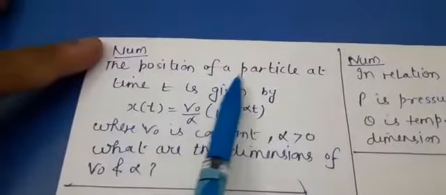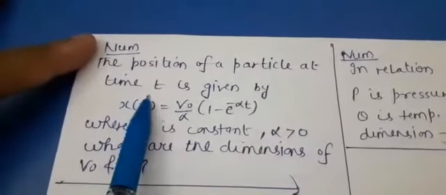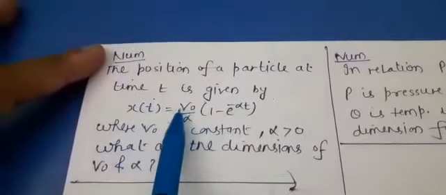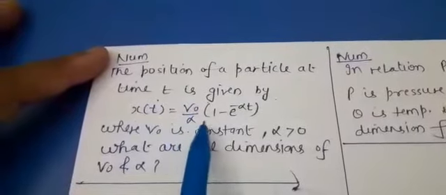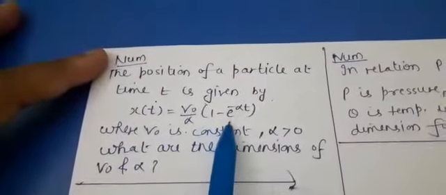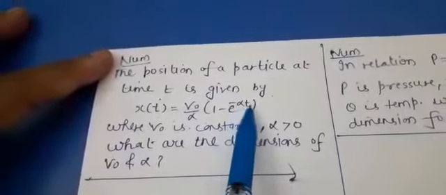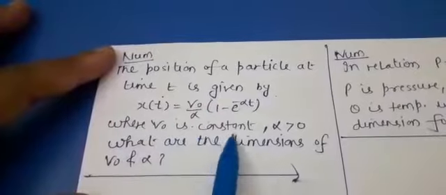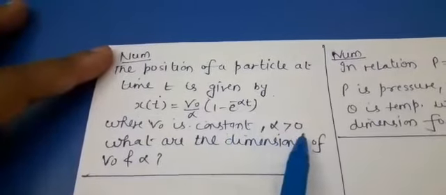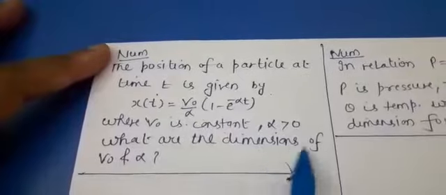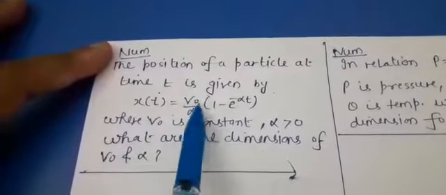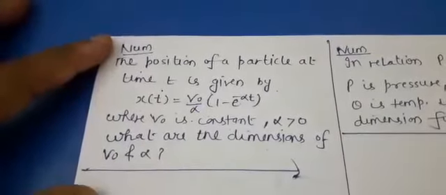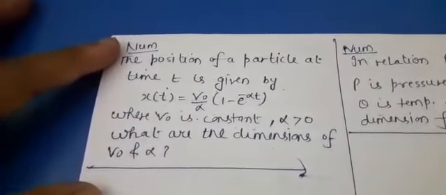The position of a particle at any time t is given by x(t) equal to v naught upon alpha, within the bracket 1 minus e raised to the power minus alpha t, where v naught is any constant and alpha is greater than 0. Now what are the dimensions of v naught and alpha? You have to find the dimension formula of v naught and alpha. So it's a slightly different statement. You have never seen such a kind of statement.